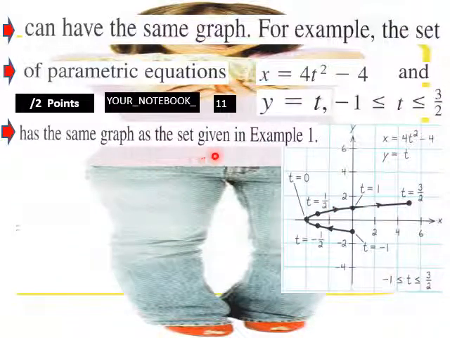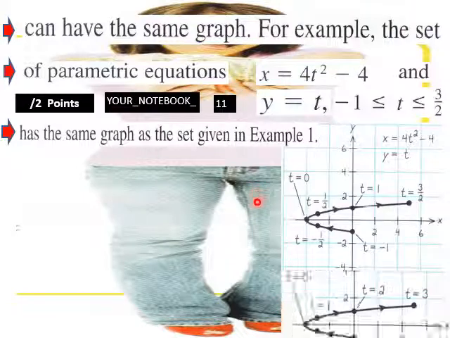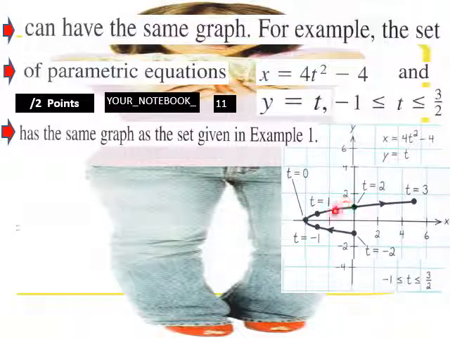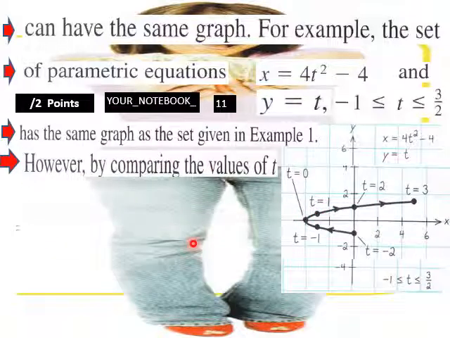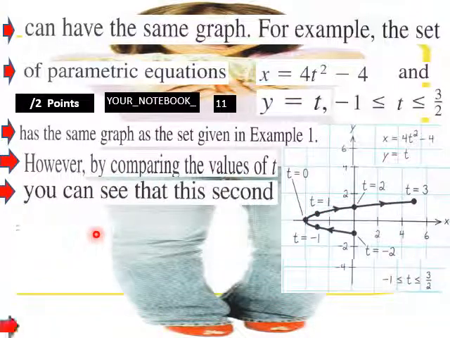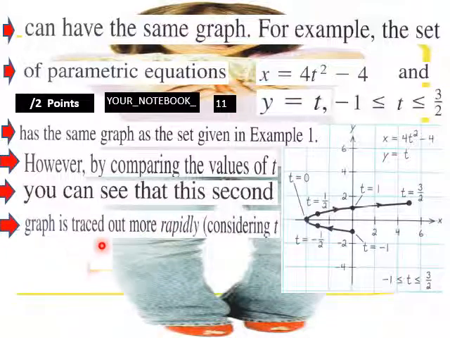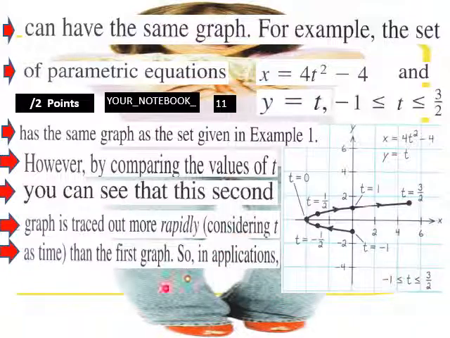It has the same graph as the set given in example 1. This would be that here. However, by comparing the values of t, you can see that this second graph is traced out more rapidly, considering t as time, than the first graph.